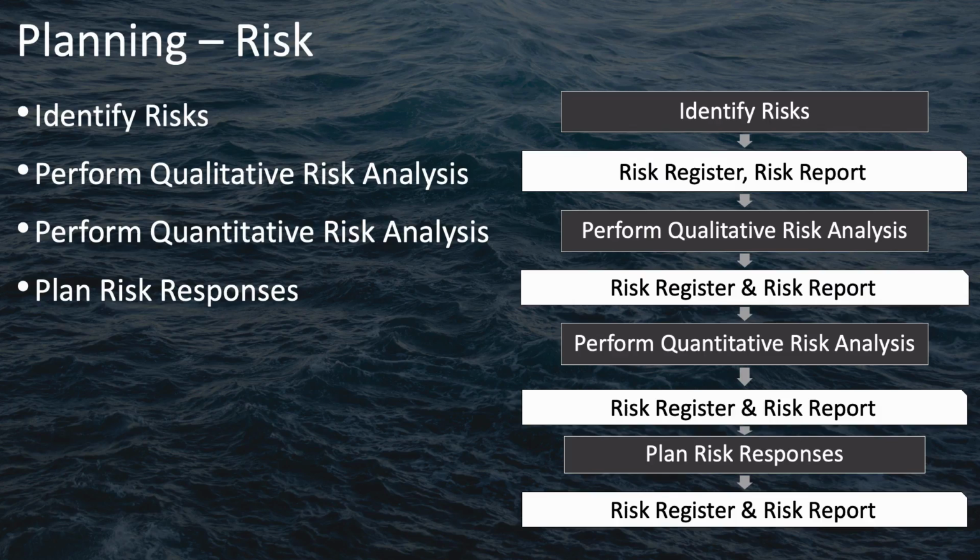Then you have your process of plan risk responses, and these responses are recorded in your risk register and risk report. Notice that in your risk planning, you don't have a lot of different artifacts, but these different analyses and steps are used to update your risk register and risk report at each step along the way.